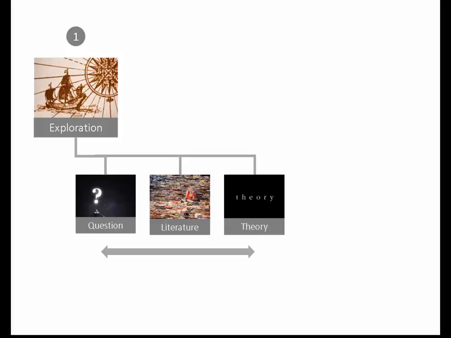But during this exploration phase, there are also some other components. The literature we will come back to during the next lecture. In the literature section, you look at what other people already did.